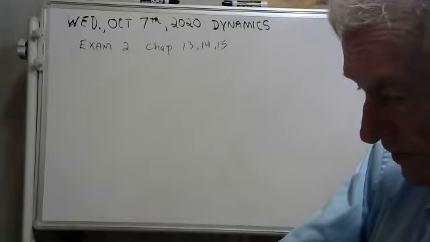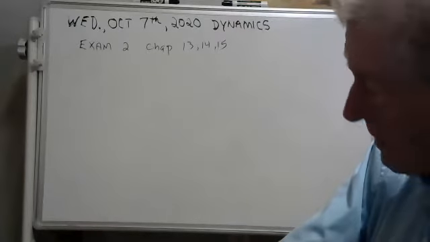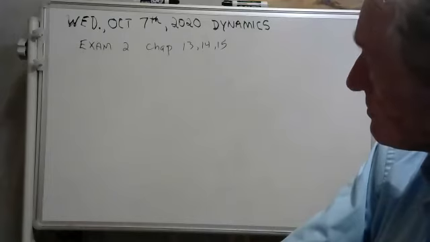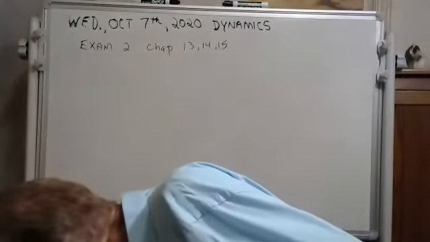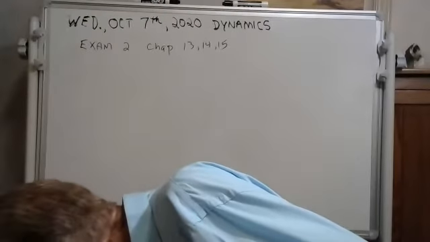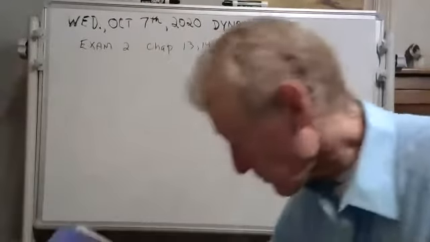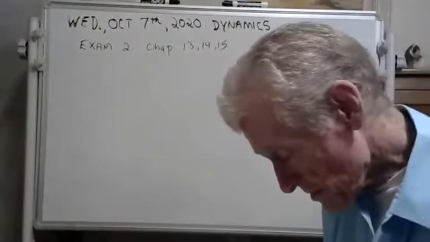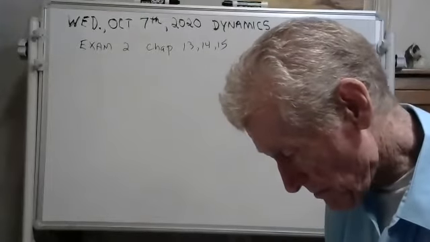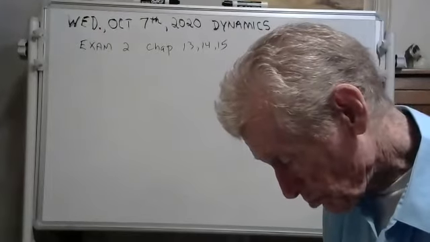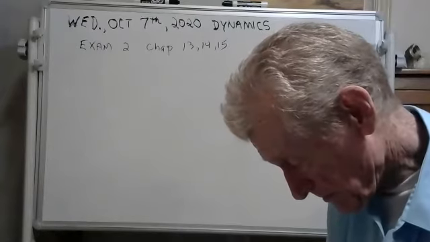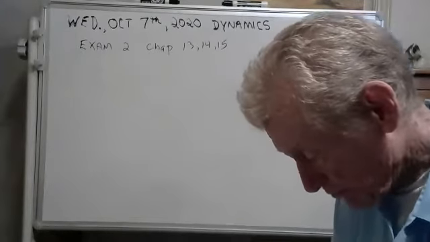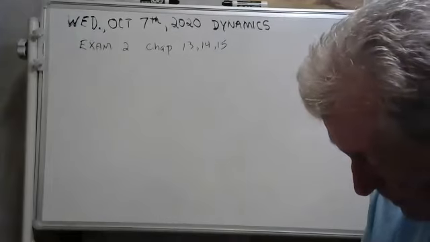Now that's going to be available a week from today, and it will be due that Saturday. So, well, what is a week from today? Would that be the 14th? 7 plus 7 is 14, right? And let's see, yeah. I think that's right. It'll be available a week from today.